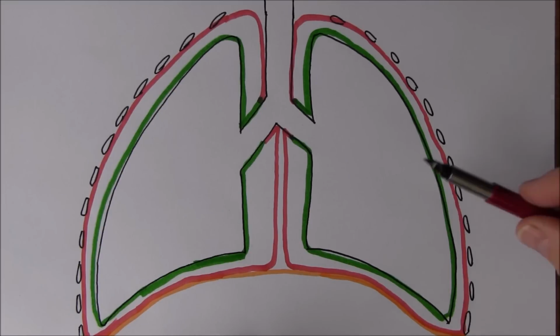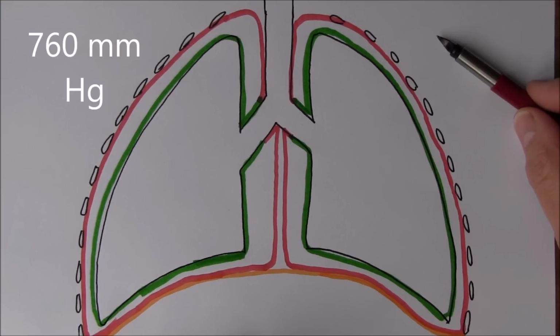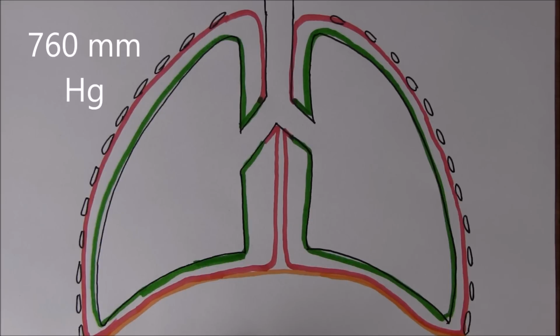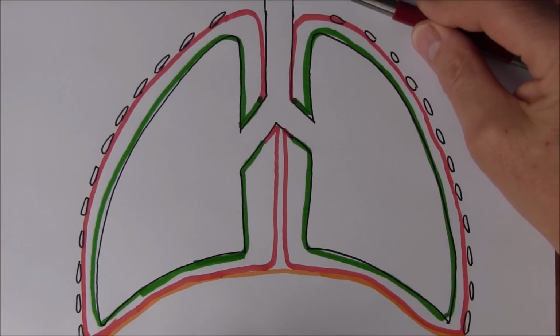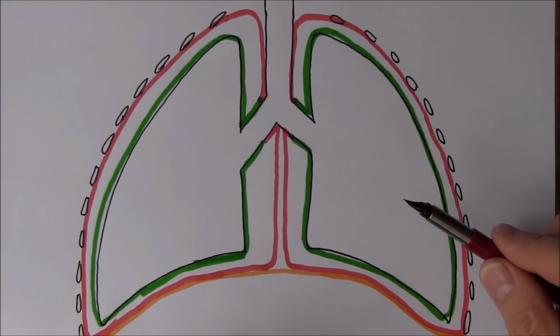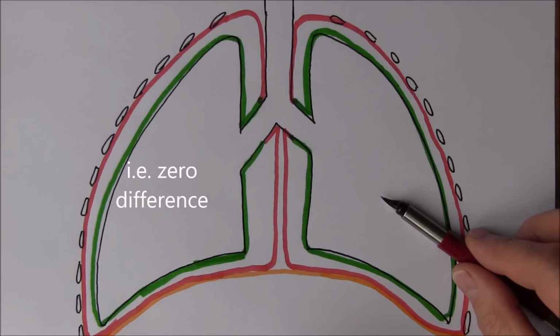And the normal pressure in the atmosphere is 760 millimeters of mercury at sea level. So the barometric pressure is 760 millimeters of mercury outside, and before we start breathing in, it's 760 millimeters of mercury inside. The intrapulmonary or the alveolar pressure is the same as outside.